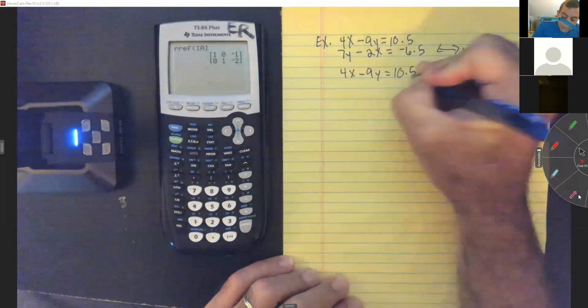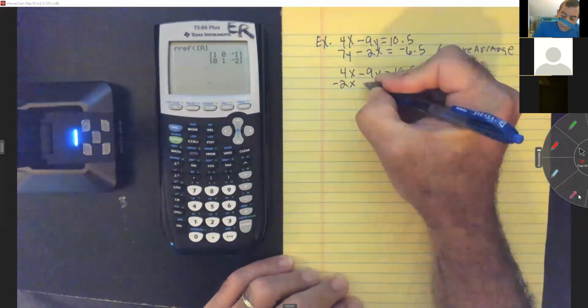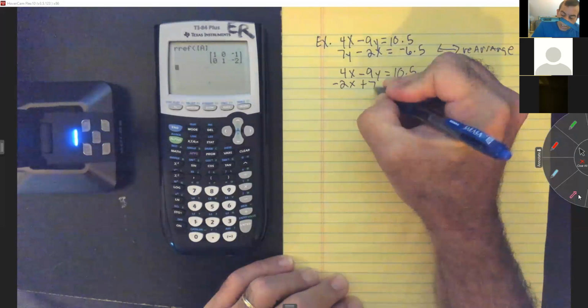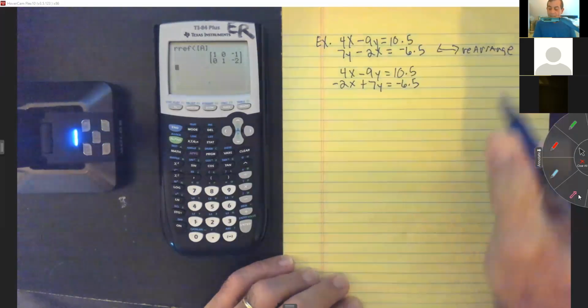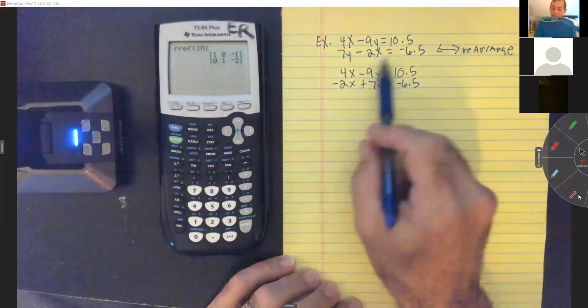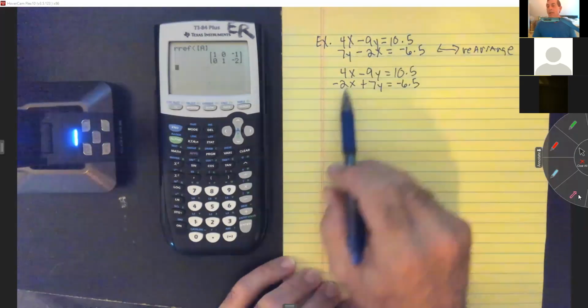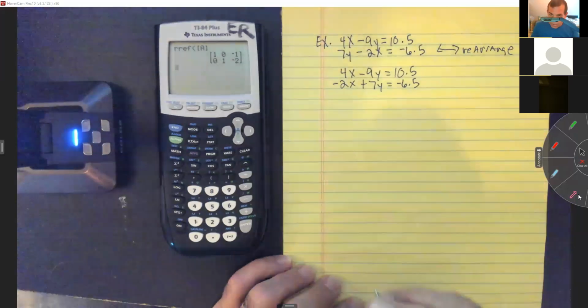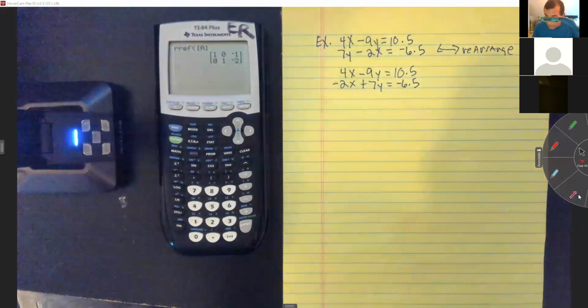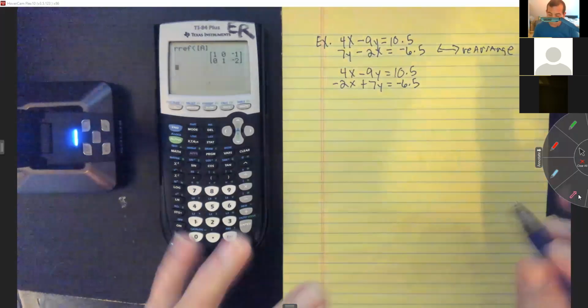Then I get a negative 2x plus 7y equals negative 6.5. So that row had to be rearranged so that all the x's are in the first column and then the y's. Now, at this point, you could put it into the calculator under that matrix, and I'll show you all that after I work this.